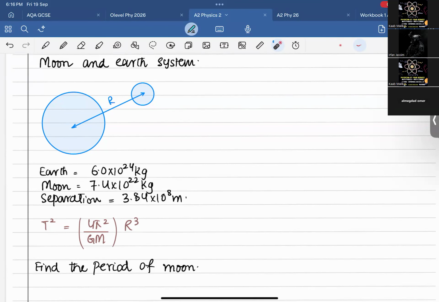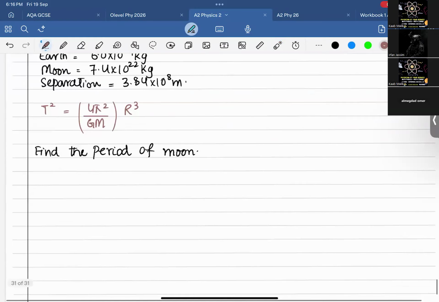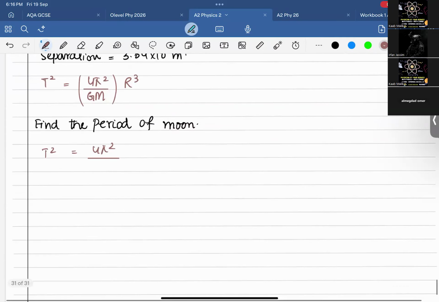Okay, let's try together. In place of T squared, 4 pi squared remains the same, and you take G, which is 6.67 times 10 to the negative 11, and then the mass of the Earth is 6.0 times 10 to the 24. Don't consider the mass of the satellite for this one.